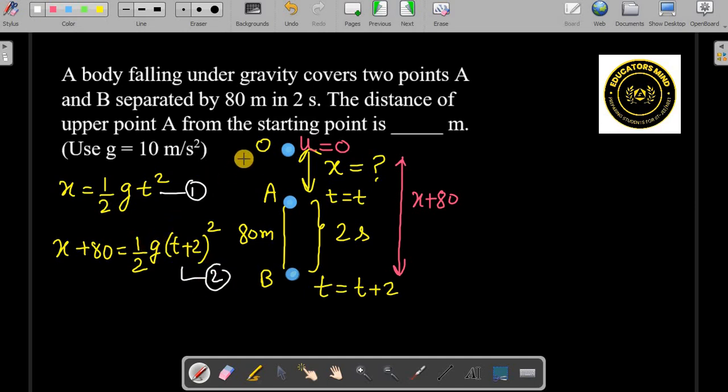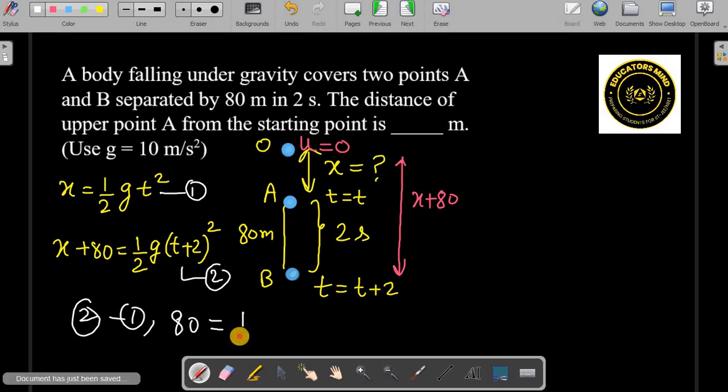So can we solve these equations? We can subtract and get the time, and then substitute. So let's subtract: 2 minus 1, we'll get 80. 80 will be half g, then (t plus 2) whole square minus t square. You can use a square minus b square, which is (a plus b)(a minus b).